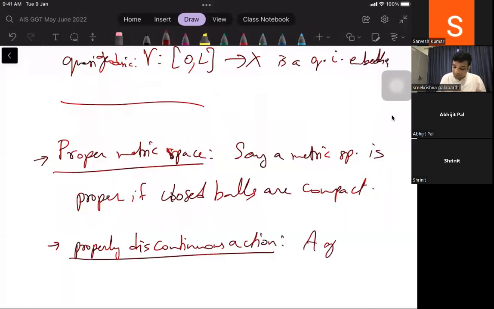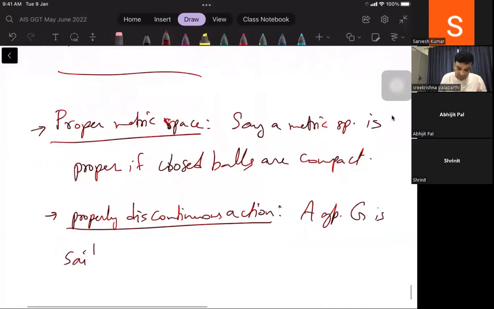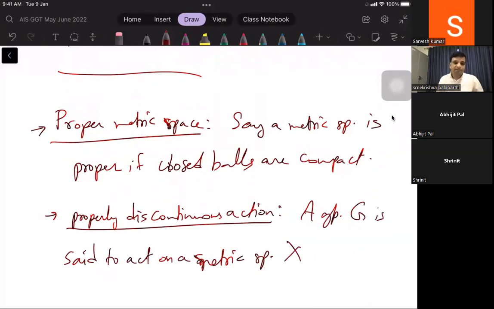So a group G is said to act on a metric space X naturally by isometries, or quasi isometries, whichever is the case.